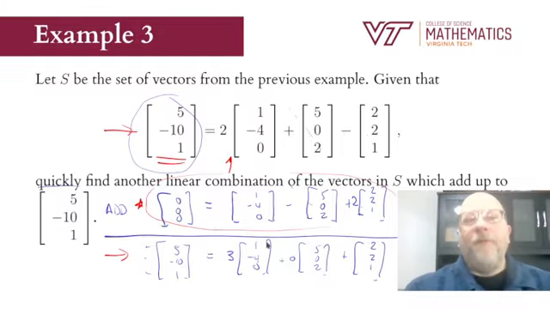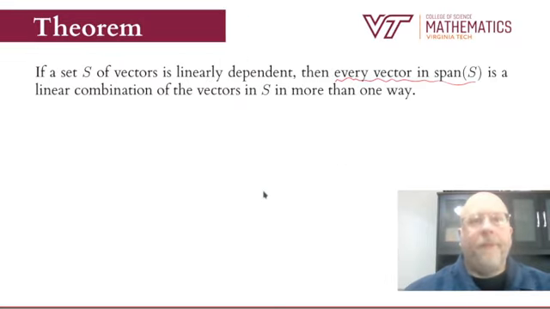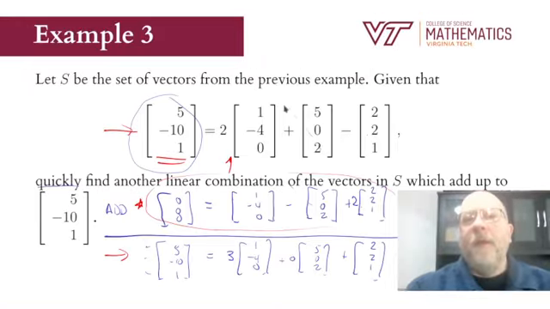And so what we've demonstrated is this theorem that was on the previous slide. I'm backing up. If a set of vectors is linearly dependent, then the definition just says that 0 has to be a combination more than one way. But in fact, every vector is a linear combination more than one way. We only have to test for 0, but it actually works for every vector.